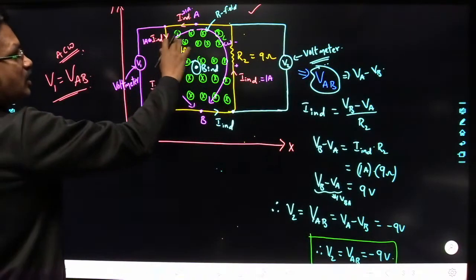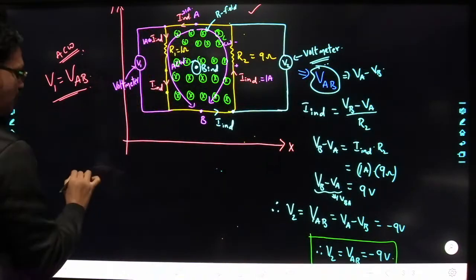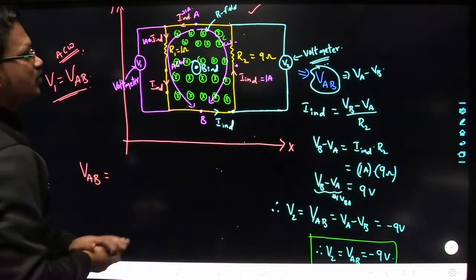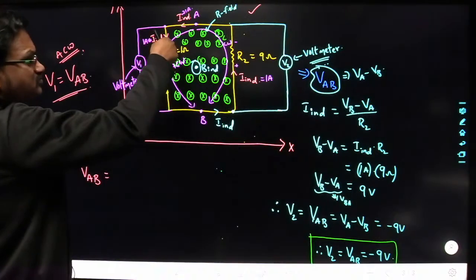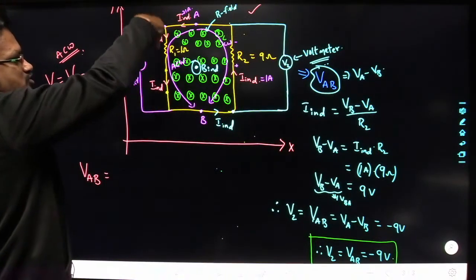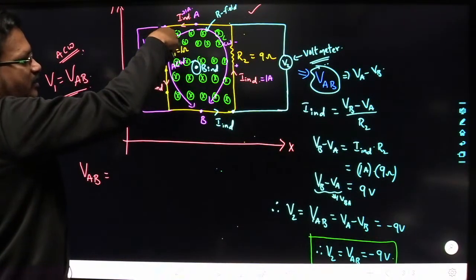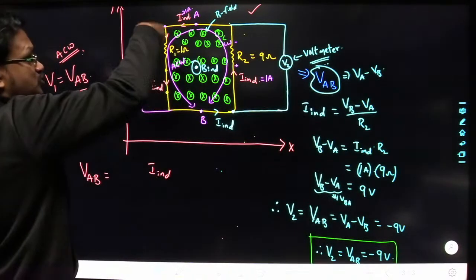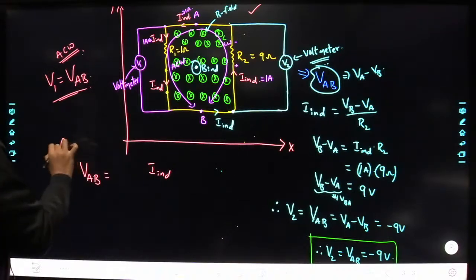Now see here, VAB, what you are going to get here? Tell me. In this case, VAB is equal to what? See here, I induced is flowing in this direction, and here this is R1. So we are dealing with anti-clockwise direction here.